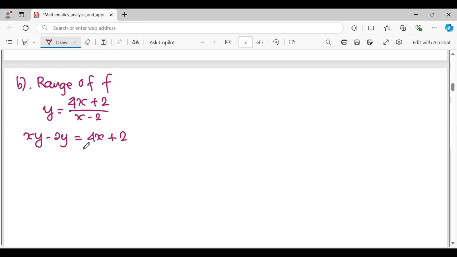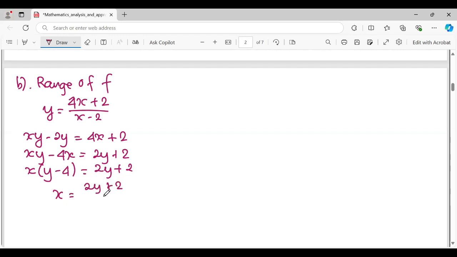After that, 4x moves to here, and minus 2y moves to the right. Becomes by factorization x(y minus 4) equals 2y plus 2. So x equals (y plus 2) over (y minus 4).